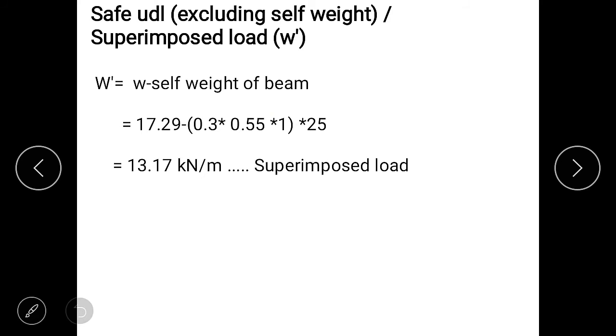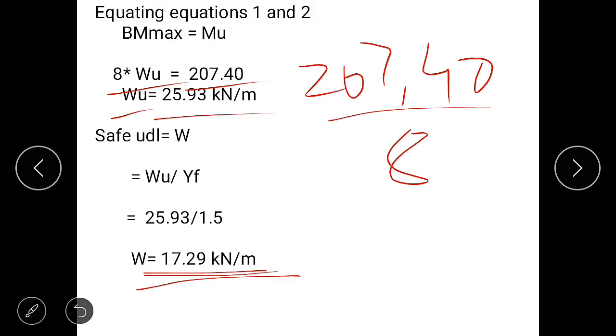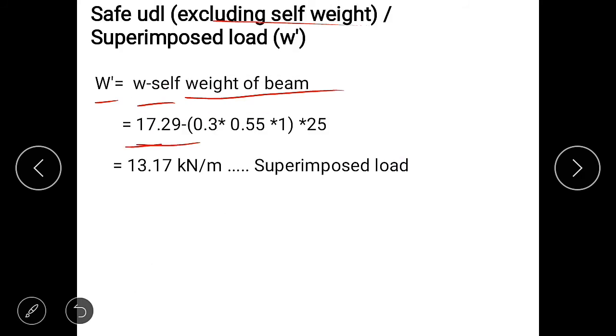So how to calculate excluding self weight? W dash is W minus self weight of beam. Our W is 17.29. How to calculate self weight of beam? Width of beam into overall depth of beam into per meter into density of concrete.